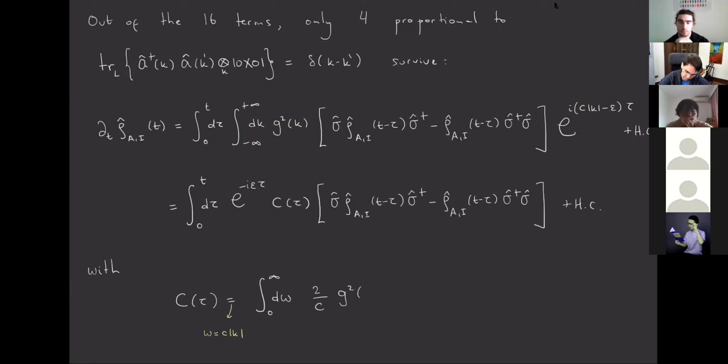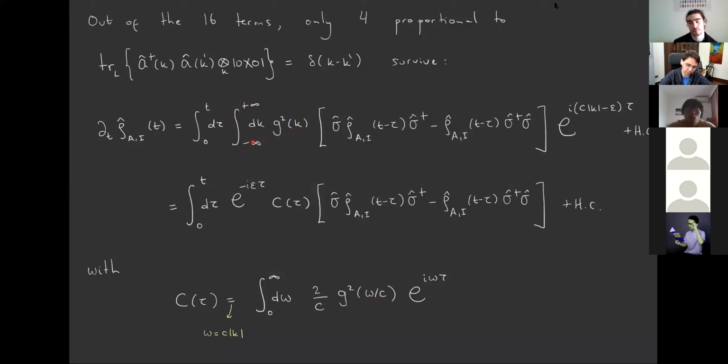We can write it in terms of frequencies in this way: 2 over c, g squared of omega, divided by c, and then e to the minus i omega tau, because we have omega equal to ck. Just pay attention to what I did. g_k depends only on the absolute value of k, and that's omega divided by c.